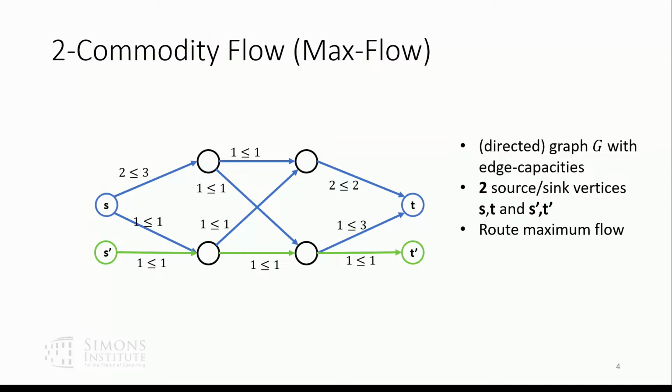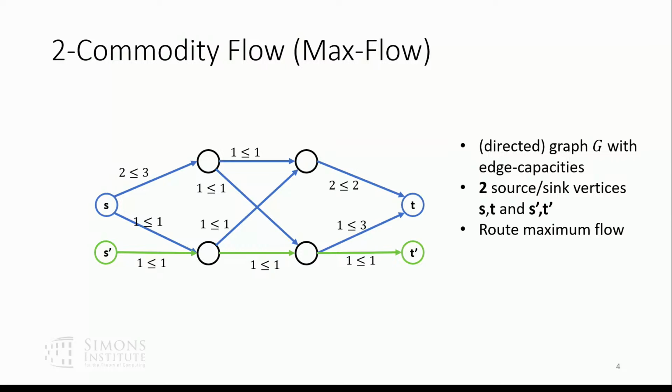And the important part here is that any flow that starts at this green source S must reach also the green target, right? So it's not okay if I route some flow from this green source to the blue target. That's not valid. And here we are looking, for example, for the maximum flow, like the sum of the two flows, maximize the sum of flows from S to T.